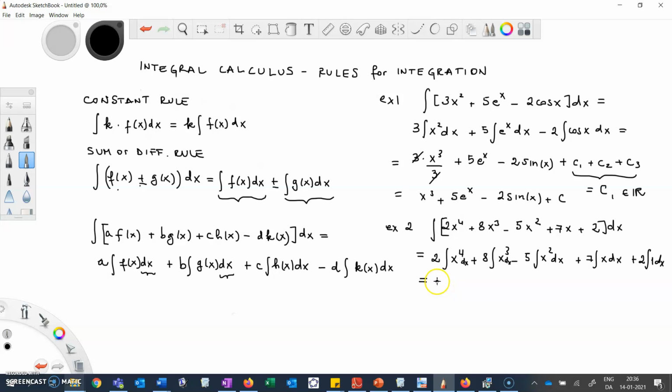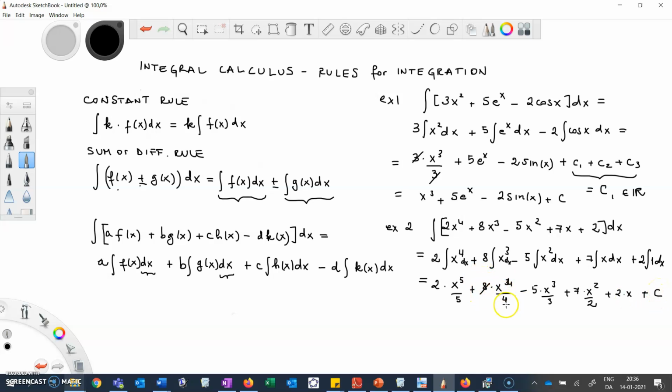Therefore, my solution is going to be 2 times x to the power of 5 divided by 5 plus 8 times x to the power of 4 divided by 4 minus 5 times x to the power of 3 divided by 3 plus 7 times x squared divided by 2 plus 2 times x plus a generic constant.